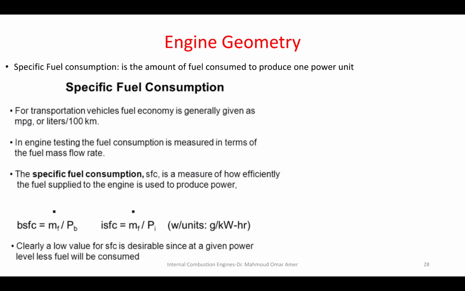So the specific fuel consumption is m dot fuel per the power. We also have brake power and indicated power, so it can be brake specific fuel consumption, and it can be indicated specific fuel consumption.